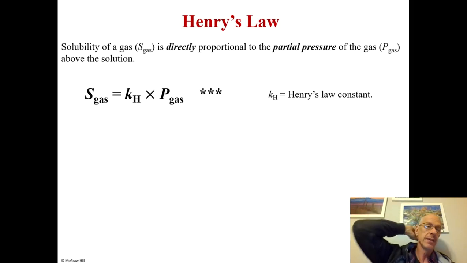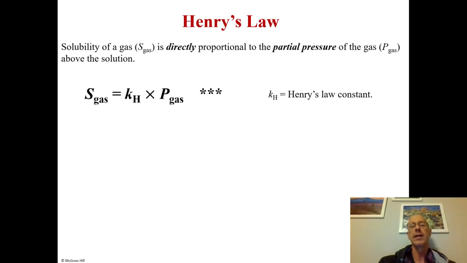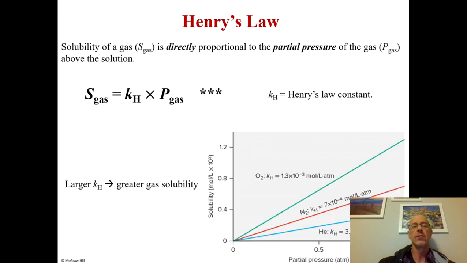The solubility of the gas is equal to a constant of proportionality, that is K sub H, the Henry's law constant, times the pressure of the gas above the solution. Graphically, we see here, as the pressure goes up, the solubility goes up for oxygen, nitrogen, and helium. And larger K_H, which is the slope of these graphs, indicates a greater gas solubility.